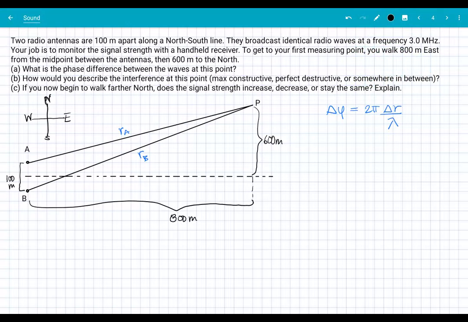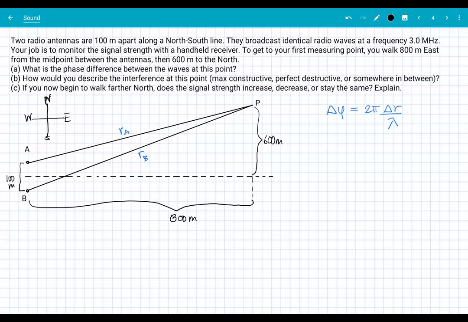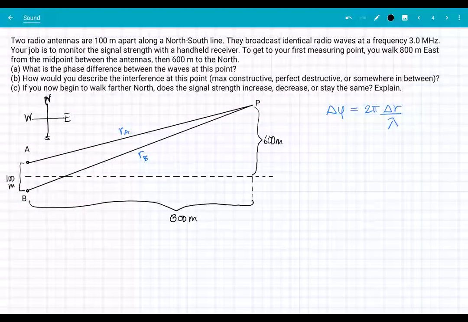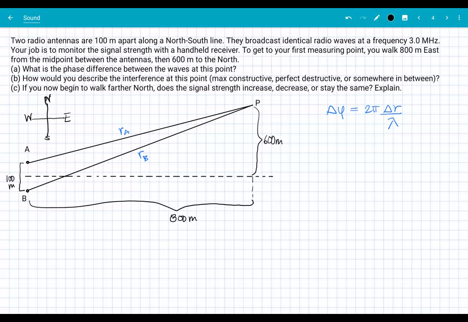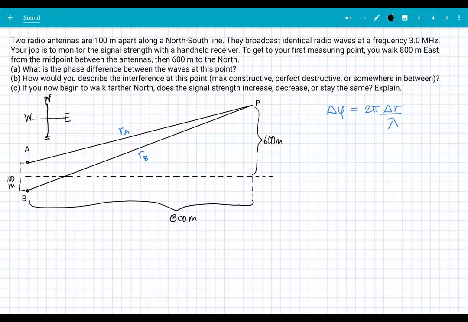I've done this symbolically in class before. For instance, the 100 meters between A and B, I'll call that D, and instead of 600 meters, call that 6D, instead of 800, call that 8D. What that does is keep the original proportions of the problem intact. Otherwise, sometimes the problem can change or become very unphysical.